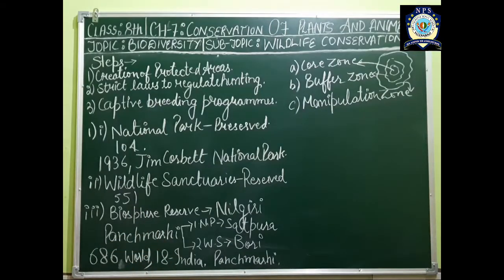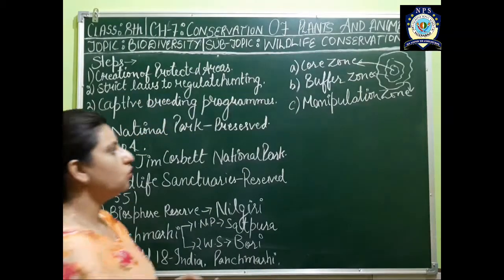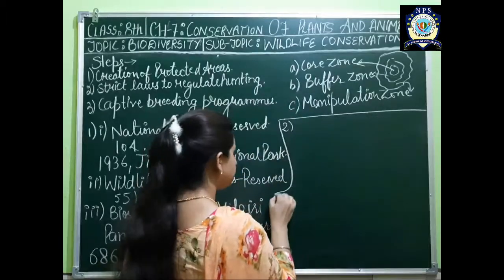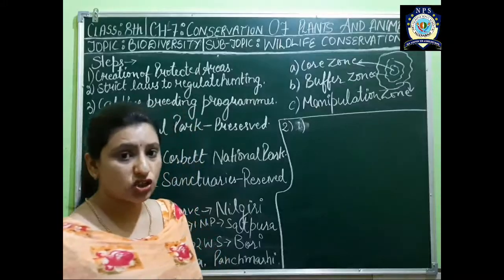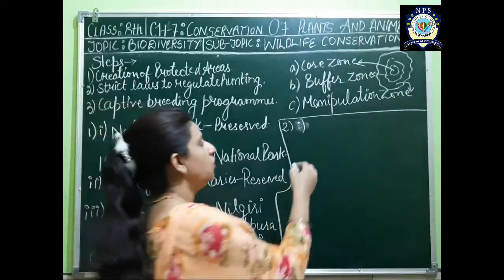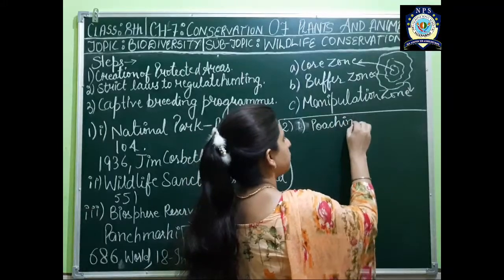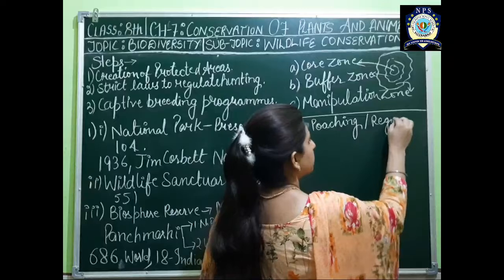Now we will discuss the second heading, strict laws to regulate hunting. For hunting regulations, the first thing that should be checked is that poaching and regular hunting should not be there.